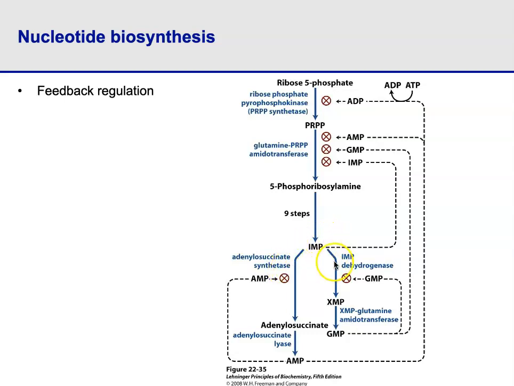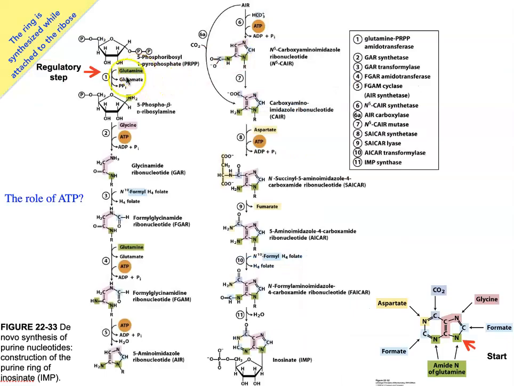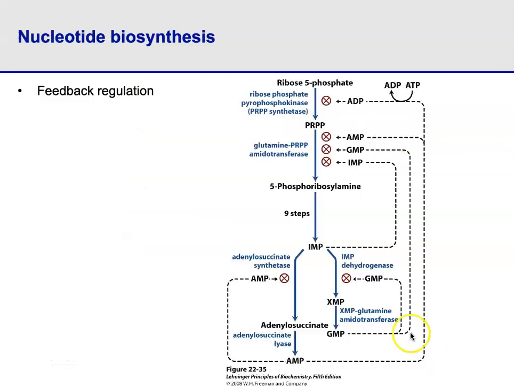towards adenine or guanine. But they also can regulate the first step of the pathway where PRPP is actually aminated with the help of glutamine. In addition to that, all of these products can, well, actually not all of it, it appears only AMP, regulate also the conversion of ribose 5-phosphate to PRPP.